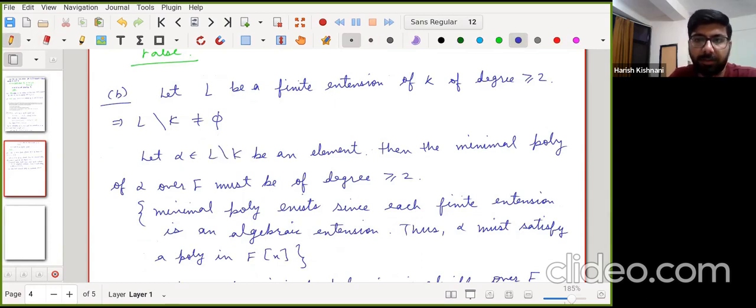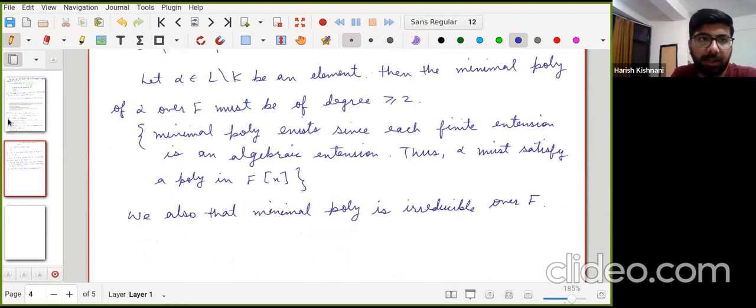And we have a minimal polynomial of alpha over k of degree greater than or equal to 2. Here also it should be the base field k. I am just changing the notation. Everything follows similarly. So it's an irreducible polynomial in the base field, that is k.